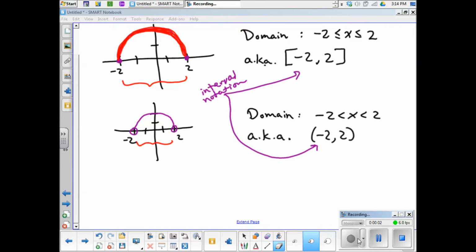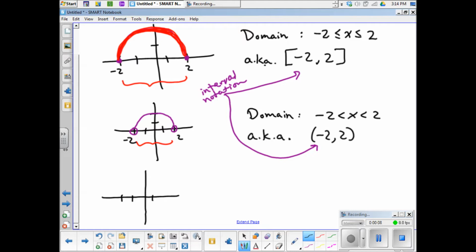Okay, let's look at a third scenario. So in this scenario, we have the same graph, only this time the left endpoint is open and the right endpoint is closed. So this is open and this is closed.